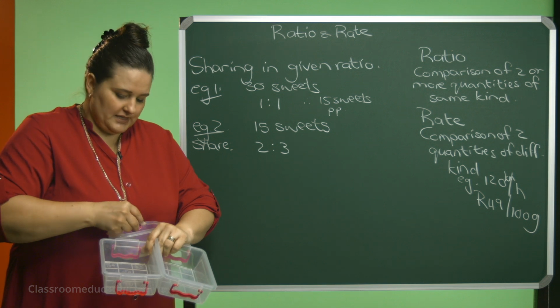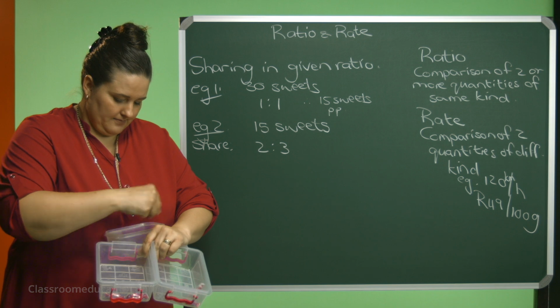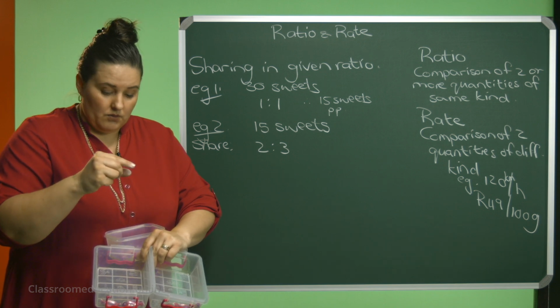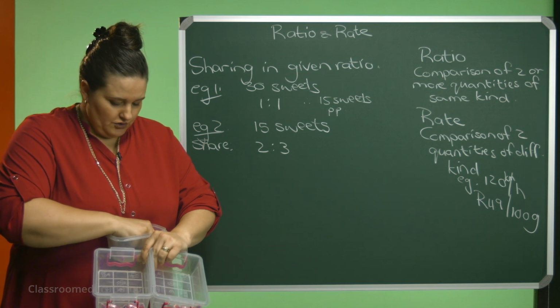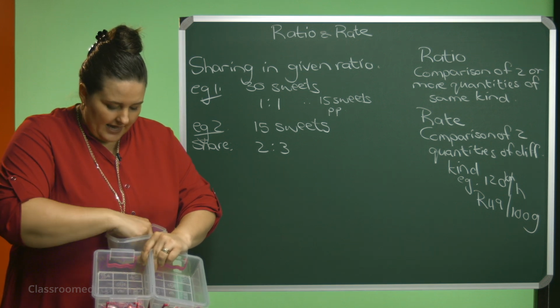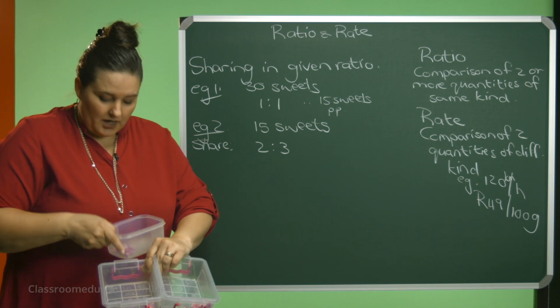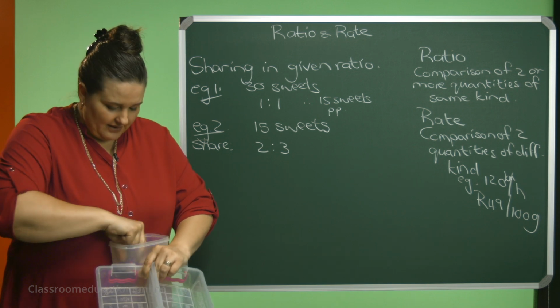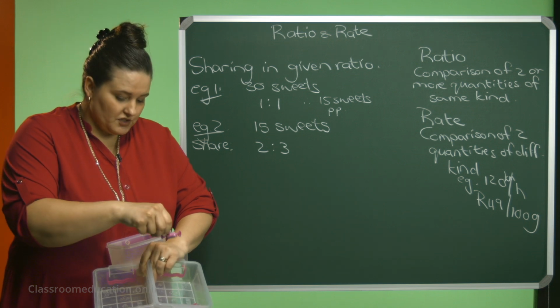So 2 sweets in here and 3 sweets in here. That was the first round. Let's have another round. 2 sweets and 3 sweets. I still have some left. Let's have another round. 2 sweets and 3 sweets.